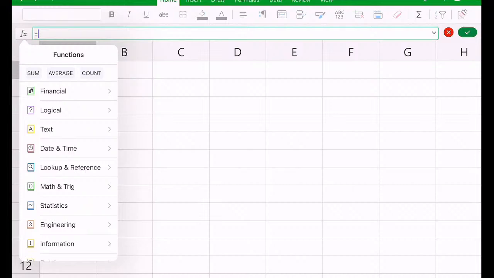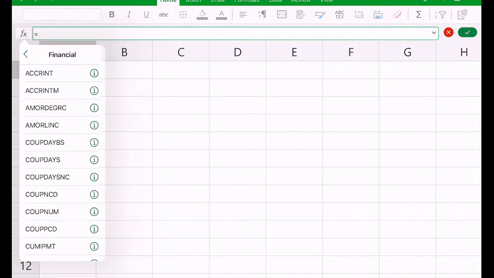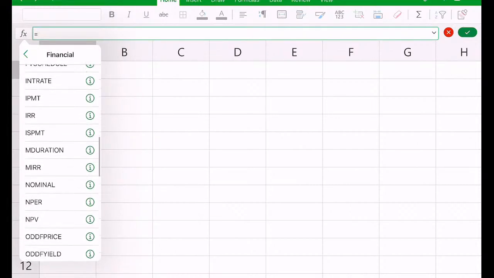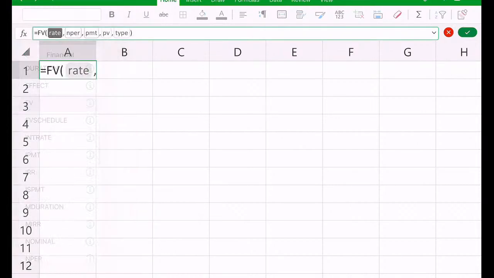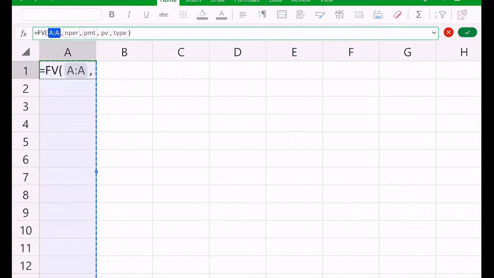But if I double click on the FX key, I get the finance functions, and if I hit FV, now it tells me which variables it wants. So I need to know which one I'm going to put there, and it asks about rate. Let me start over.